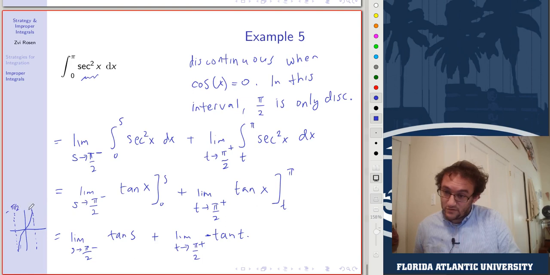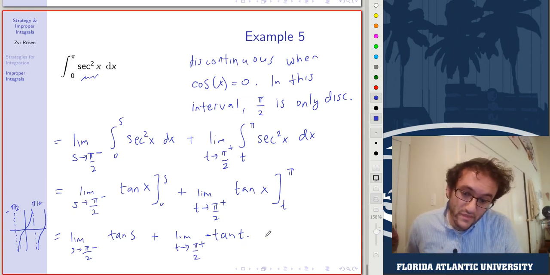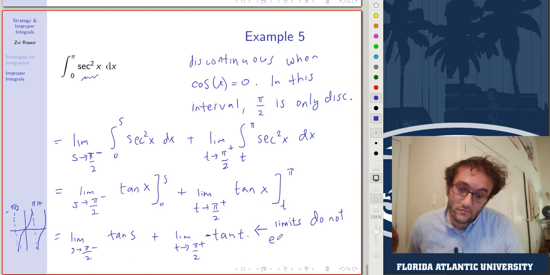That's minus pi over 2, and this is positive pi over 2, and then it repeats. Okay, so these limits do not exist, so the integral does not converge. I.e., the integral diverges.